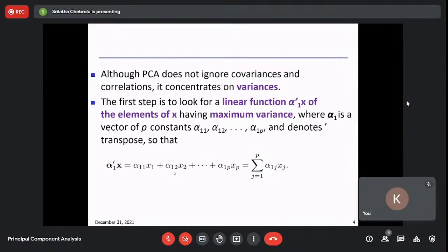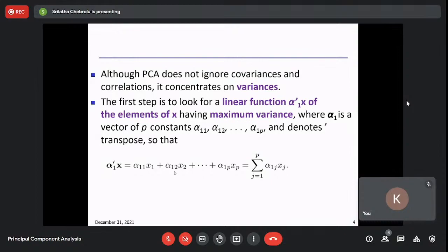Here it does not ignore covariances and correlations. PCA also will be using the covariances, but we will see how it handles them.